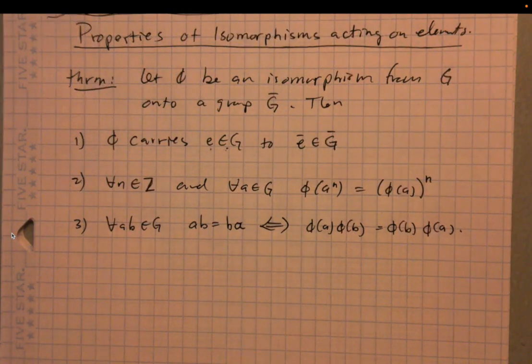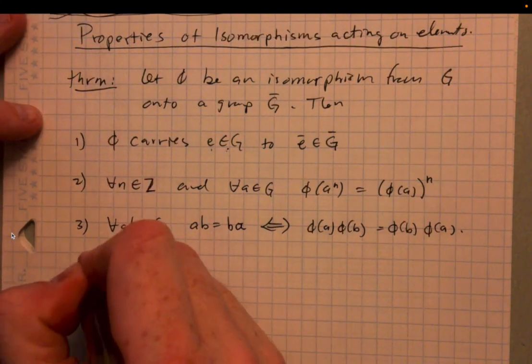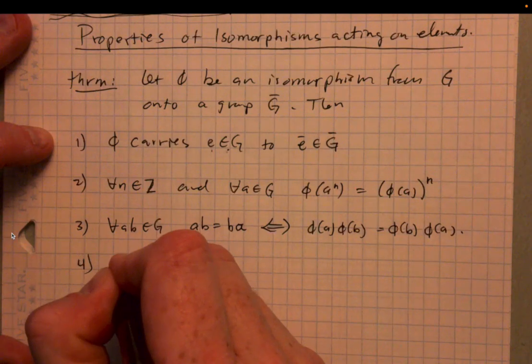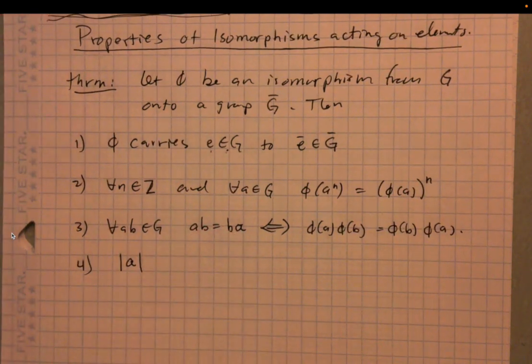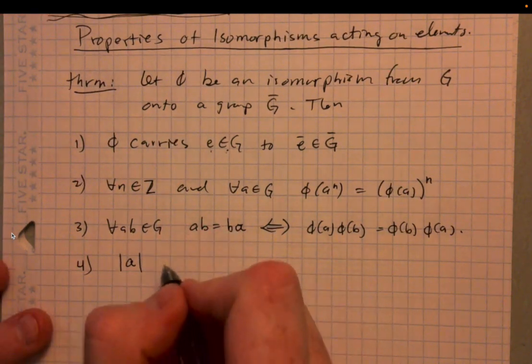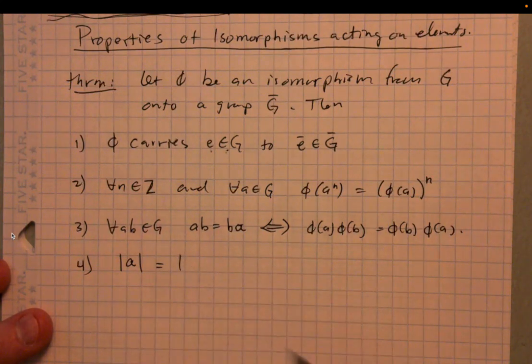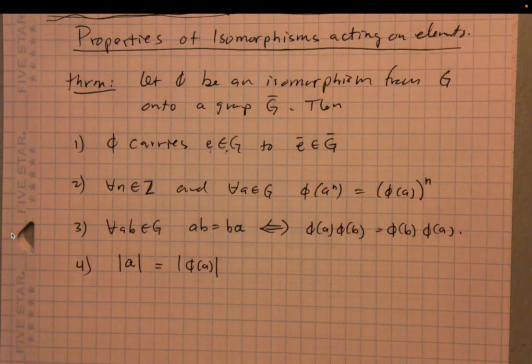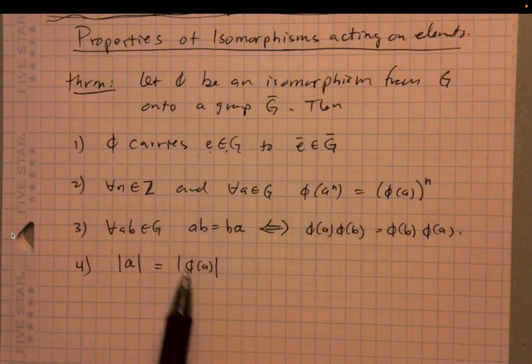Item 4. The order of an element a in G is going to be equal to the order of its counterpart in G bar. So if the order of an element a is equal to n, then its counterpart in G bar will have the same order.